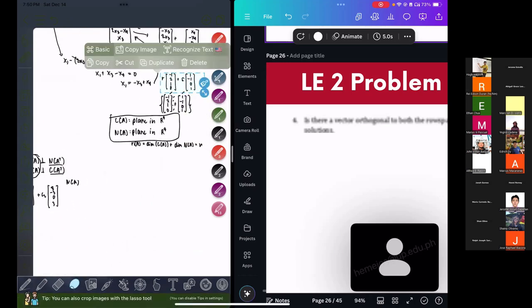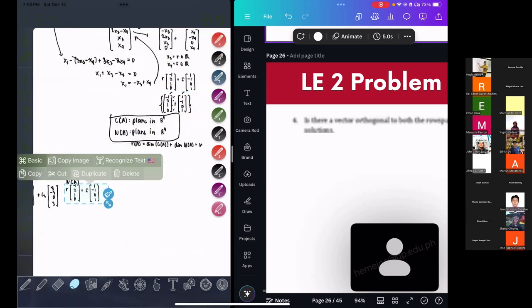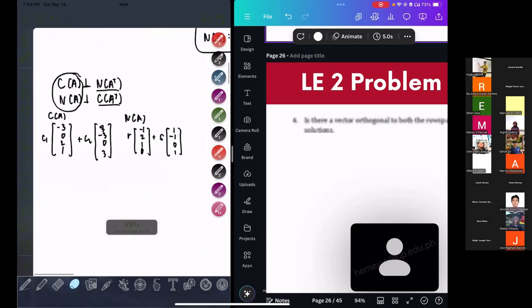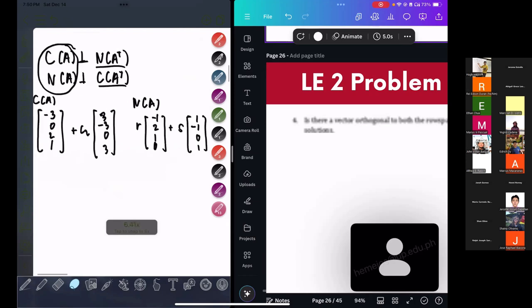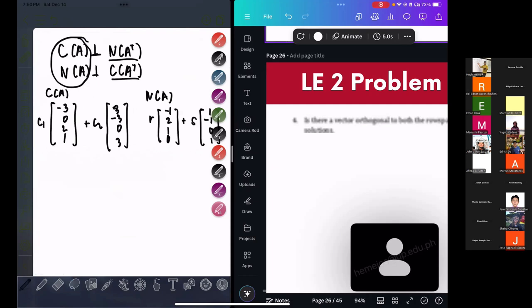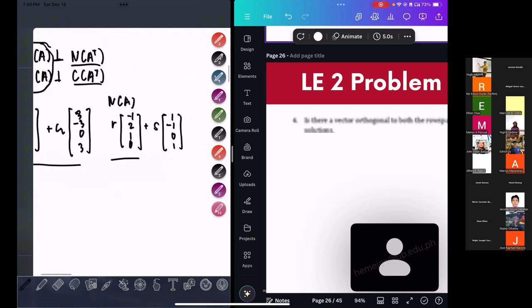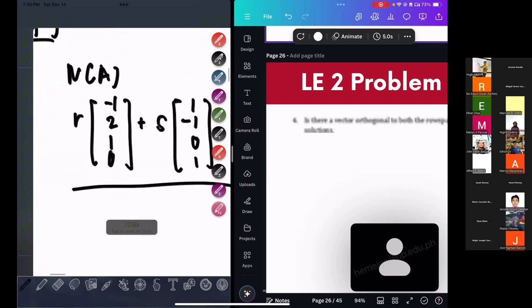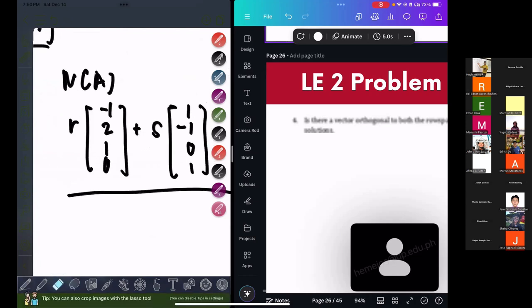So I'll just copy paste. Okay. So now we want to find a vector that we can achieve using this, but we can also achieve using this. So kailangan pareho siyang, we can find it in both the column space and the null space.